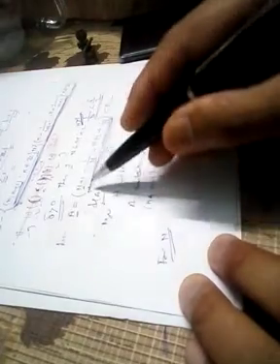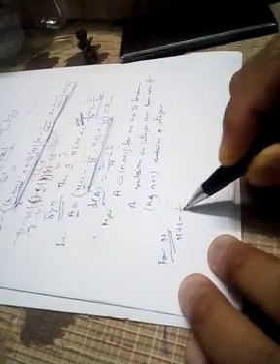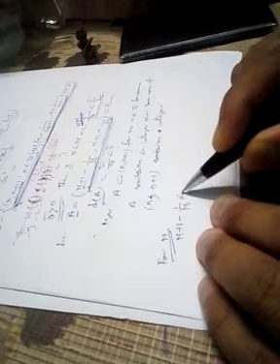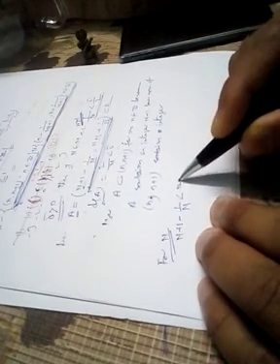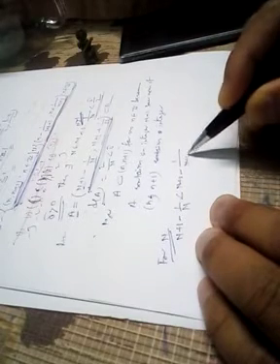For this n, we can write n plus 1 minus 1 by n less than n plus 1 minus 1 by n plus 1 plus 1.